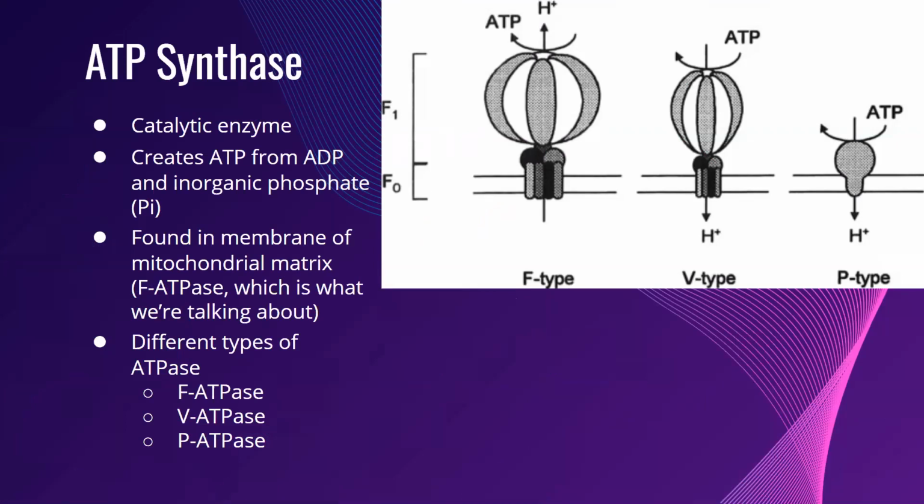Of course, as we've already talked about, it is found in the membrane of the mitochondrial matrix, and this is F-ATPase specifically. There are other types of ATPase, there's V-ATPase, and there's also P-type ATPase, but we're talking about F-type ATPase, and this is specifically in the mitochondrial matrix. These other types of ATPase are found in different parts of the cell, depending on if you're a plant cell or animal cell, or just different regions of the cell.